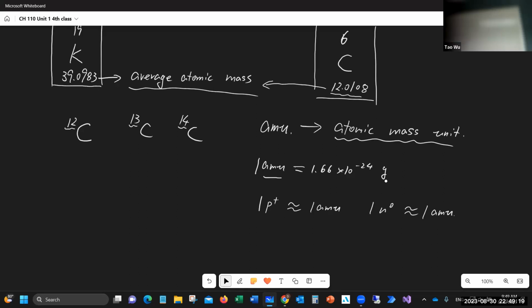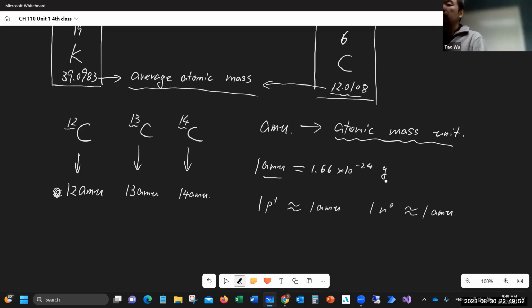Some questions will just give you the mass of each of the isotope atoms, but if not, then you can just assume carbon-12 is about 12 AMU, carbon-13 is about 13 AMU, and carbon-14 is about 14 AMU. You know this, right?